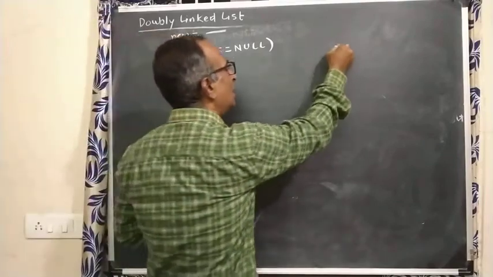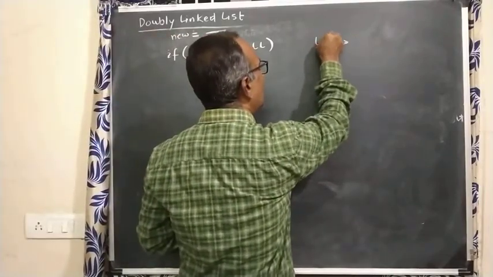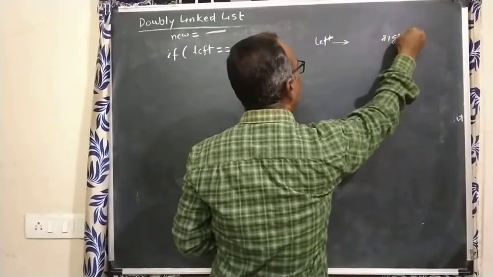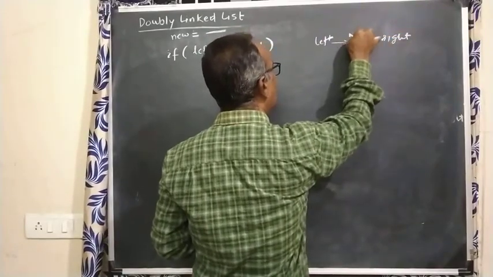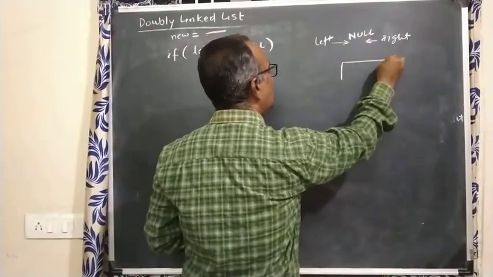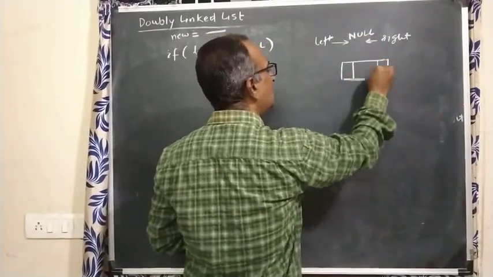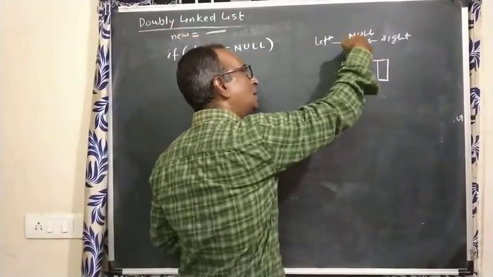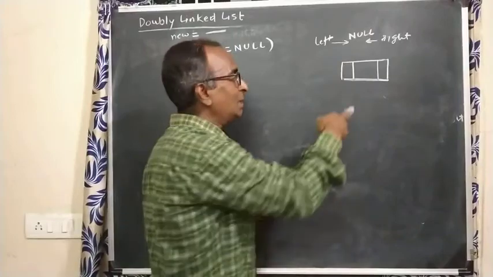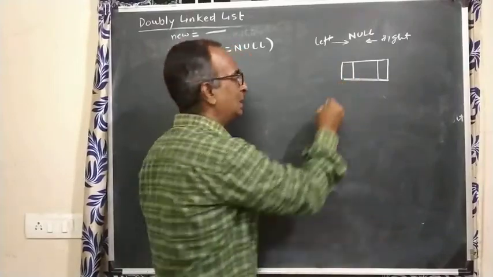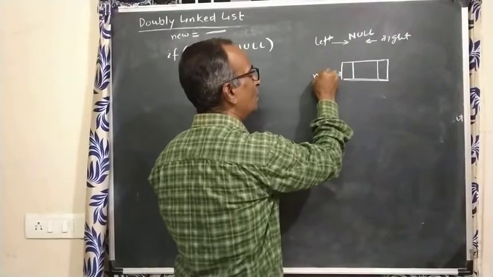Now when the linked list is empty, left and right both will be null. But when you are inserting, one new node has been created. Always see, when you are inserting in an empty linked list, this will be the only node, so it will not have any successor and it will not have any predecessor. Suppose this is new.